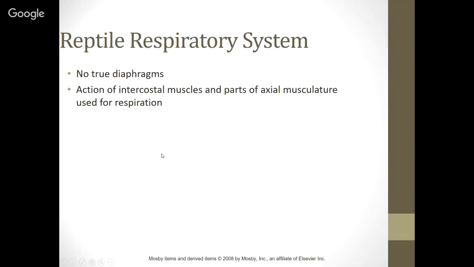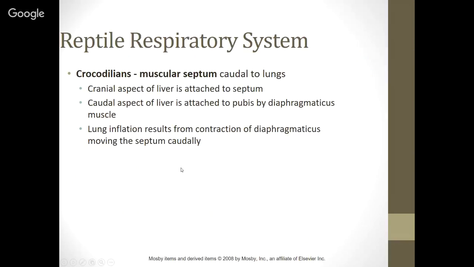Reptiles do not have true diaphragms. The action of intercostal muscles, in between the ribs, and parts of the axial musculature are used for respiration. Crocodilians do have a muscular septum that is caudal to the lungs. The cranial aspect of the liver is attached to that septum.